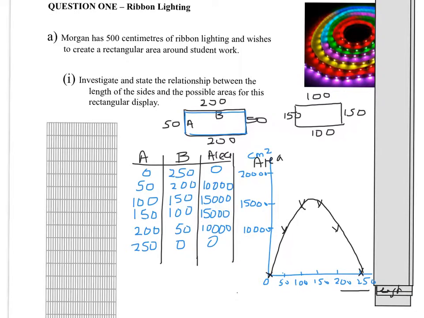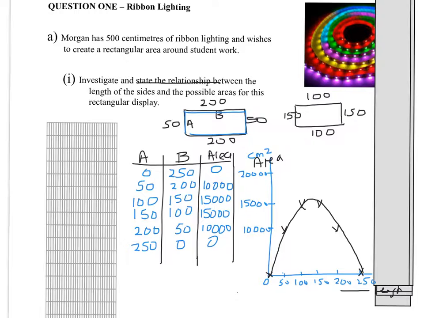Now it says investigate, so we've done our investigating, we've made a table, and state the relationship. So that means they want an equation of this graph between the area and the length of the side.